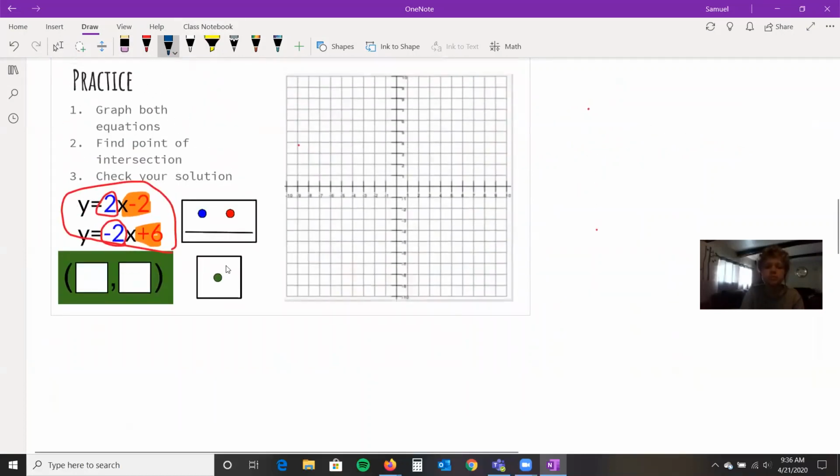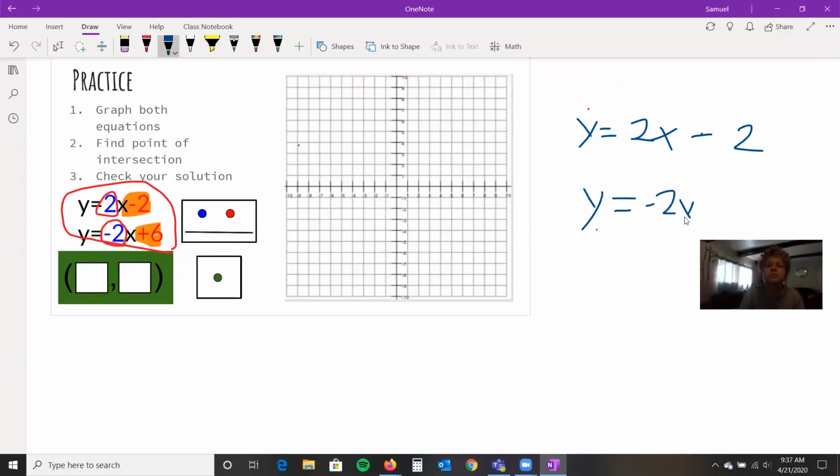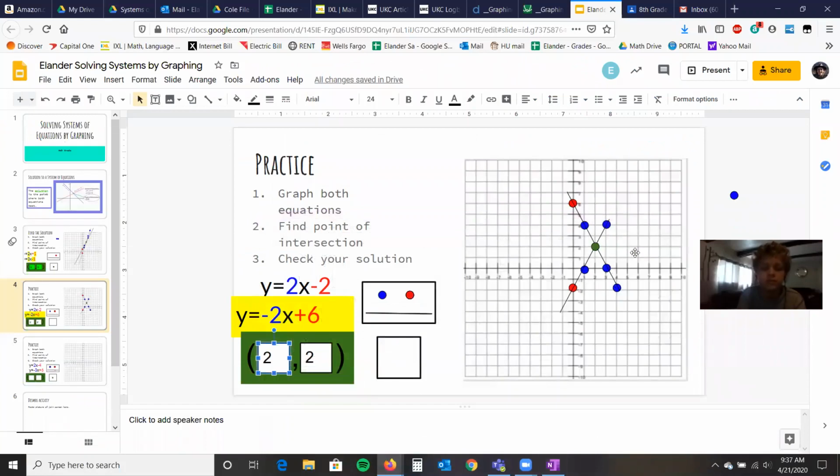So we've got y equals 2x minus 2, and y equals negative 2x plus 6, right? And we just got our answer on that other one. Sorry, it's 2 sheets, I know. So we got 2 lines here going on forever, and they hit right here at 2, 2.